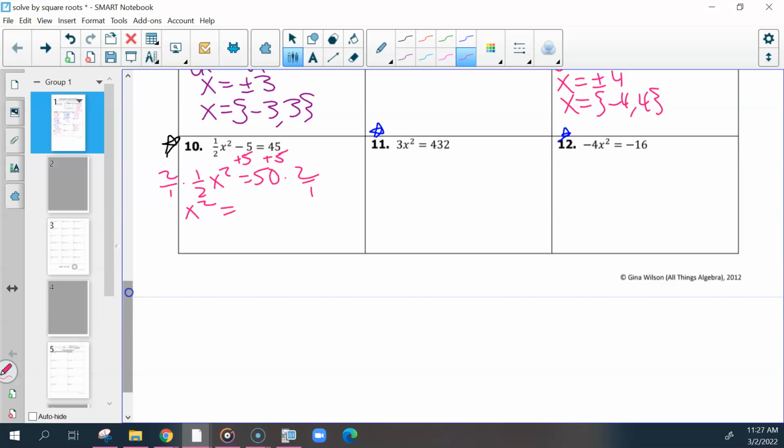So x squared equals what? 100. 100 is a perfect square. You can take the square root of both sides. And x equals positive and negative 10.